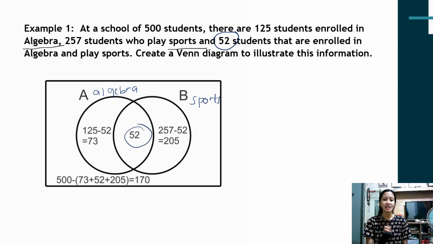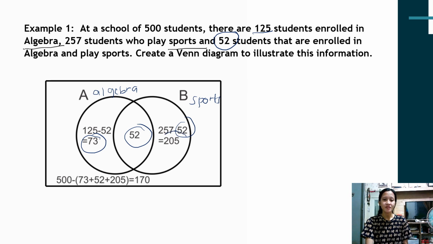How are we going to identify the remaining elements on the side? So, ang nag-enroll lang ng algebra, since 125 students ang nag-enroll of algebra, we will simply subtract 52. 125 minus 52, meaning to say we have 73 students who enrolled in algebra only. And then for this side naman, we have 257 minus 52 gihapon.